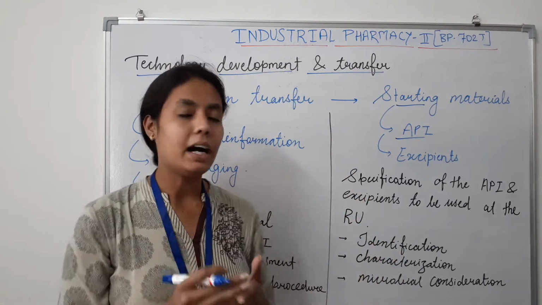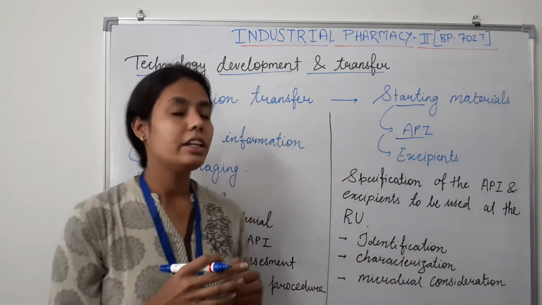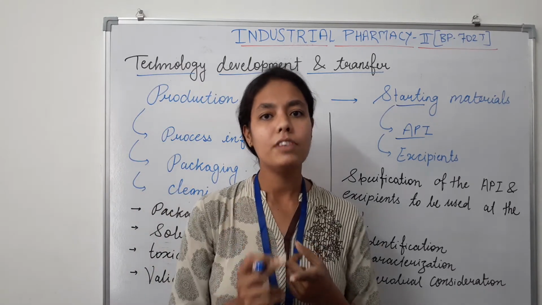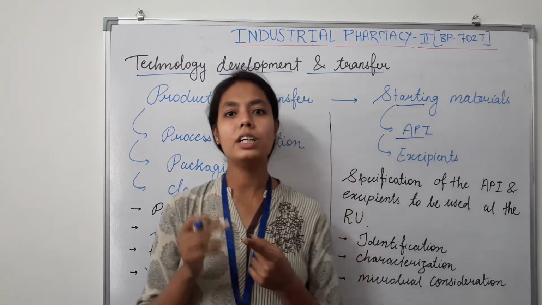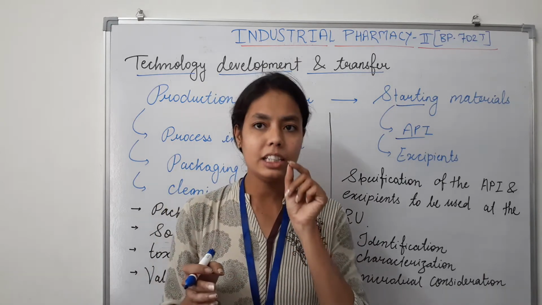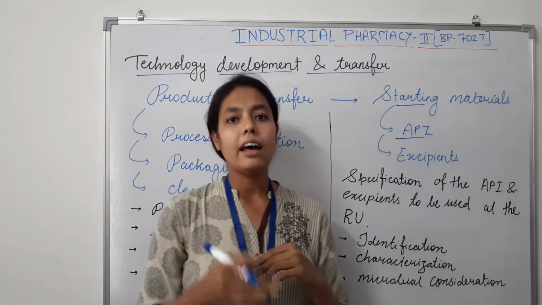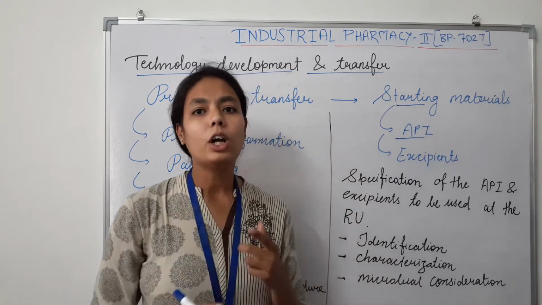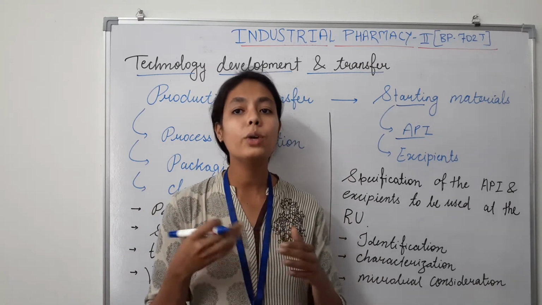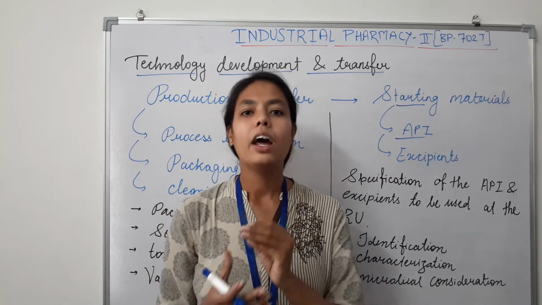After that, the particle size and its distribution pattern. Then the flow property of the API, that is bulk physical properties, which include data on bulk and tap density, surface area and porosity as appropriate. And then water content and determination of hygroscopicity, including water activity data and special handling requirements.